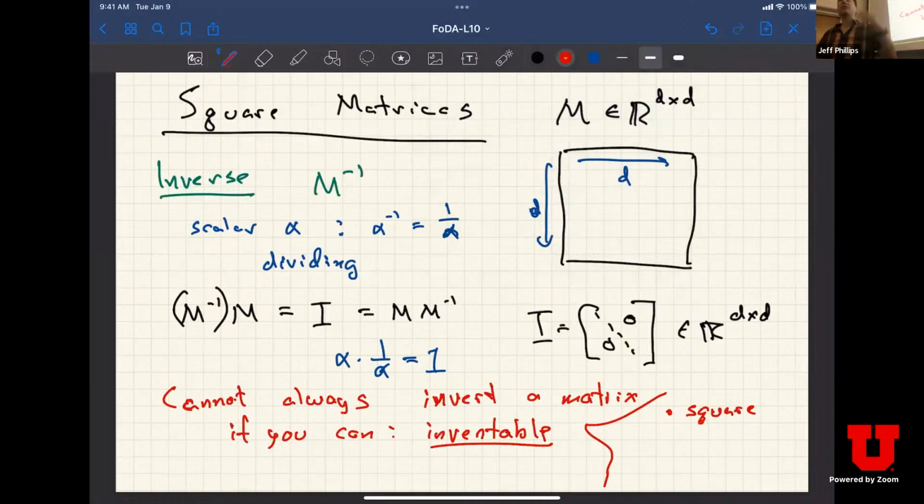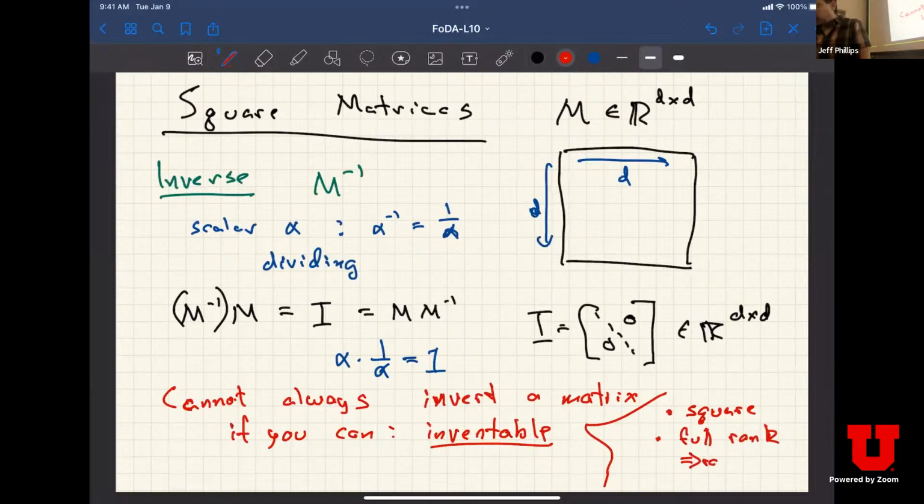So you can do something like an inverse of non-square matrices, but to really do a proper inverse with all the things you expect about division, it has to be square, and it has to be full rank.